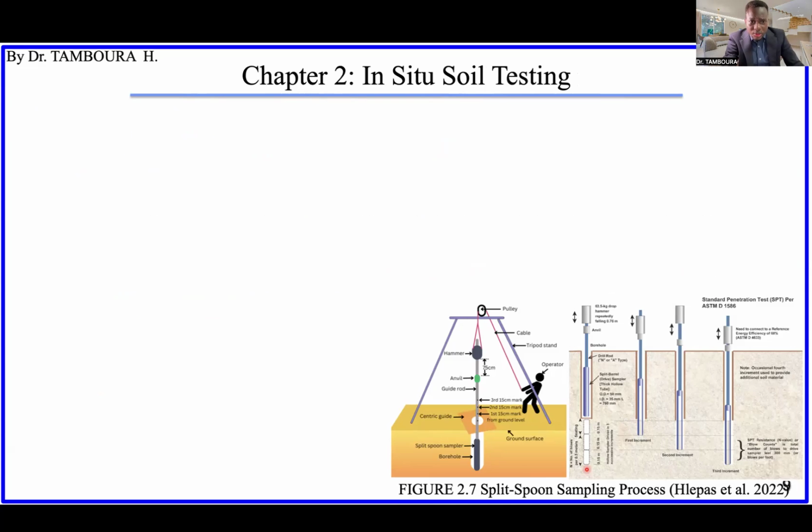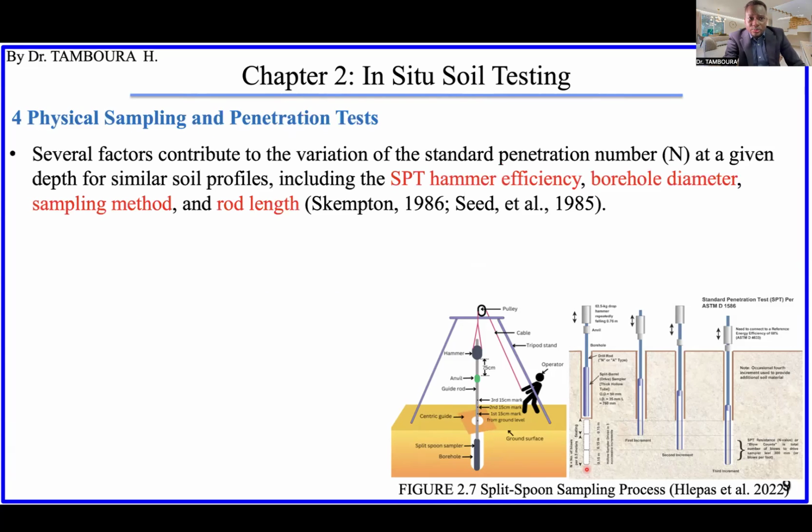Okay, all right. So penetration, for the sampling, I said already, we have seen how the sampler works. So we are not talking about sampling here, it's just the penetration itself. So this N-value, actually there are several factors that contribute to the variation of this N-value. It means this SPT N-value is affected by several factors.